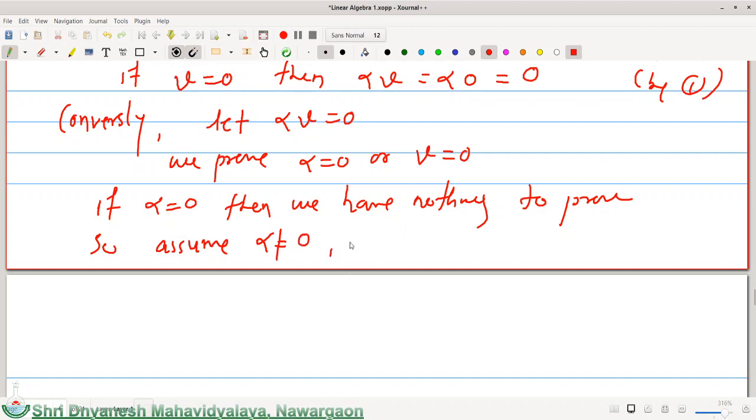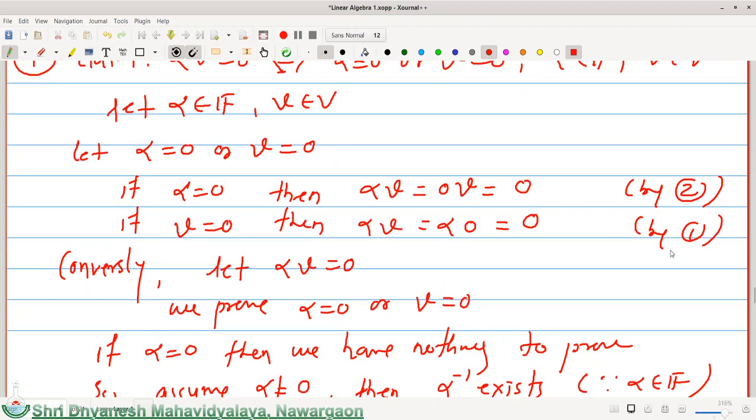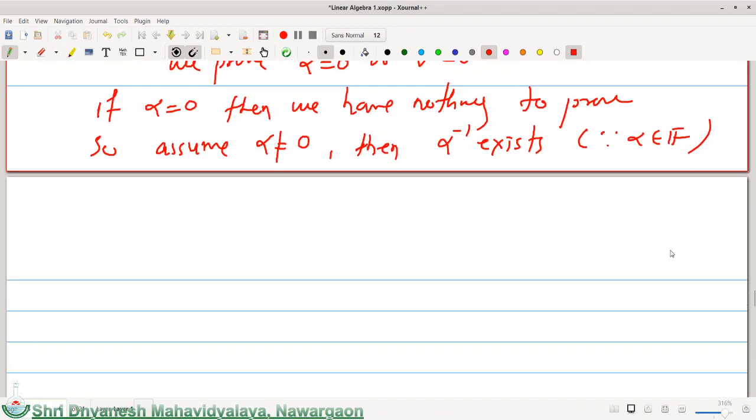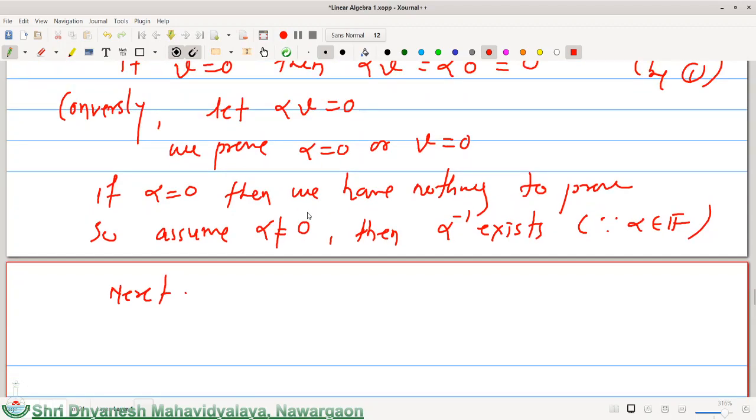So if alpha is non-zero, then the inverse of alpha, specifically the multiplicative inverse of alpha, will exist as alpha belongs to the field F. Okay, so we assume alpha not equal to 0, then the multiplicative inverse of alpha, that is alpha inverse, exists since alpha belongs to field F. Okay, next, what will we write now?